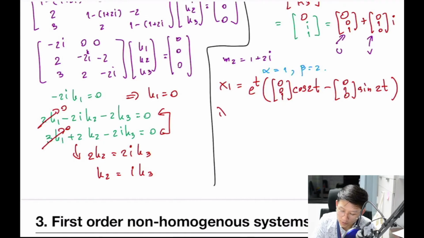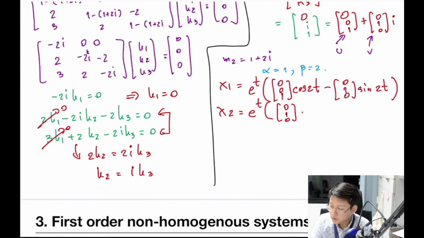After that, we get x2, which is e to the alpha t again, and then we have v, which is 0, 1, 0, cos beta t, plus u, which is 0, 0, 1, and then sine beta t.